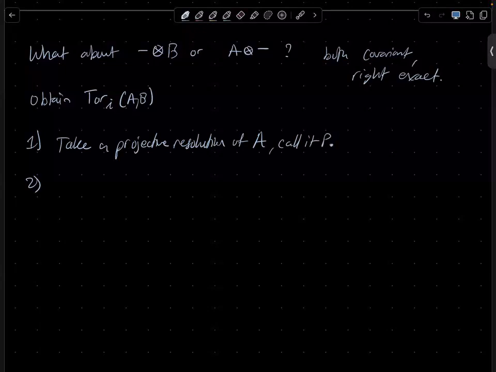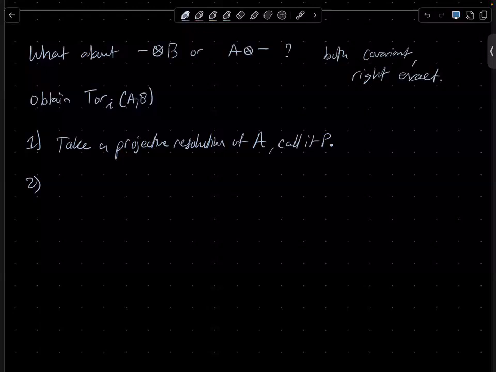Oops, that bullet should be down here. Step 2, apply the tensor product functor to it. So apply the tensor product to P bullet.